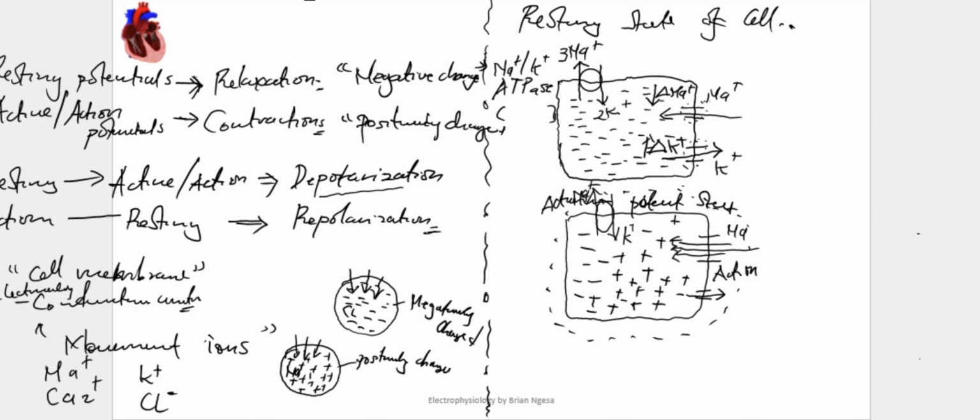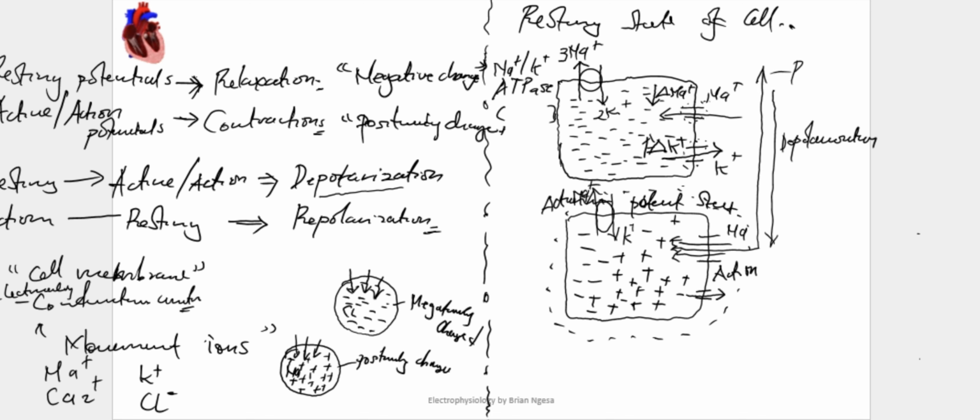So before we explain what happens specifically in the cardiomyocyte, we've said that you're transitioning from the resting phase into the action state. This is the depolarization. And you are transitioning back into the resting.